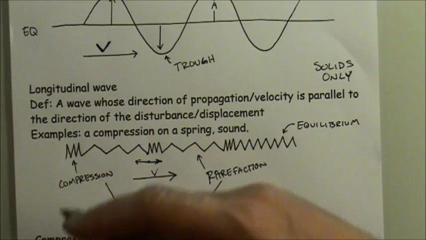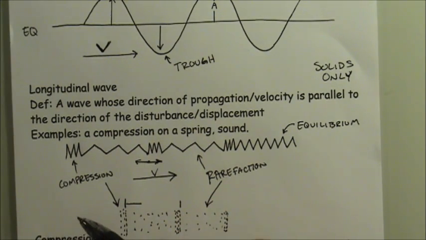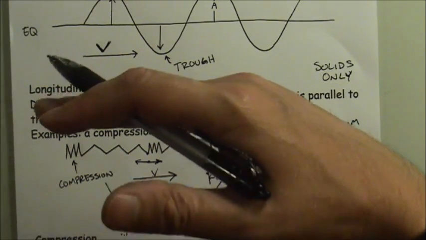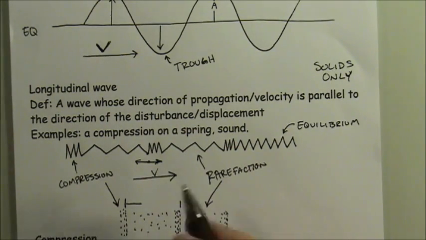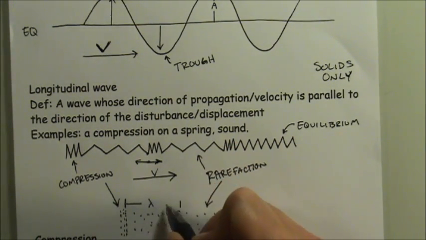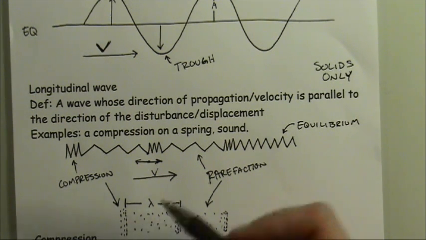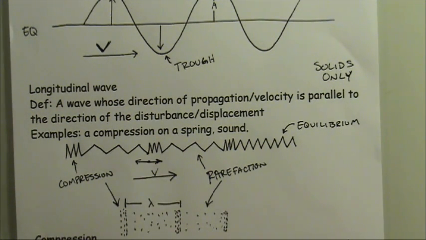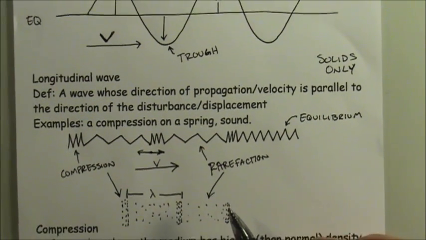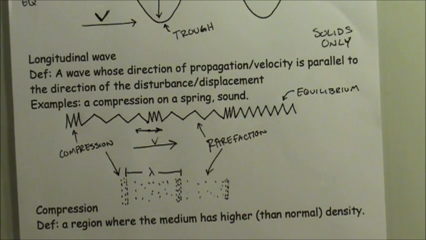If I'm looking at a graph of density, I would see a peak. The density has increased. And then this is a place where the air has been stretched out, so it's at lower density. So I effectively have a crest, a trough, and then another crest. From crest to crest is the definition of the wavelength. The distance between these two squeezed-together areas is the wavelength.